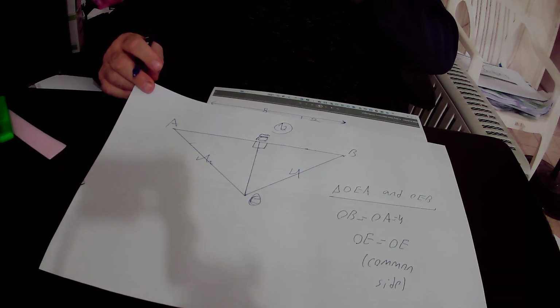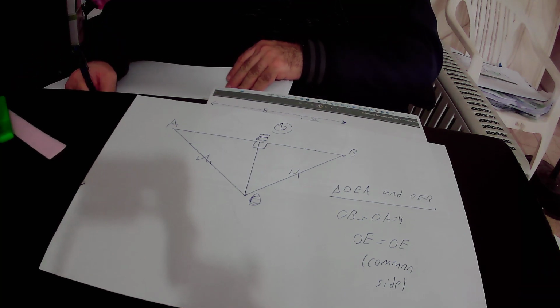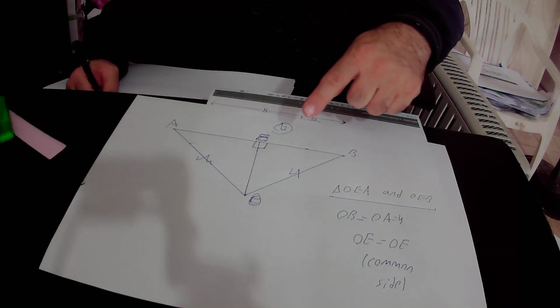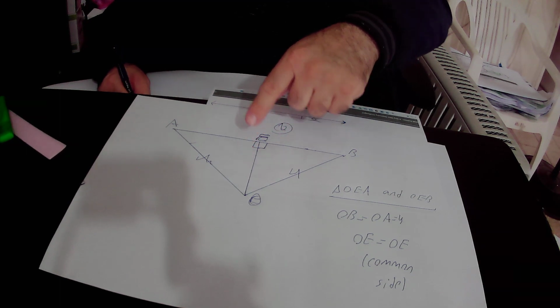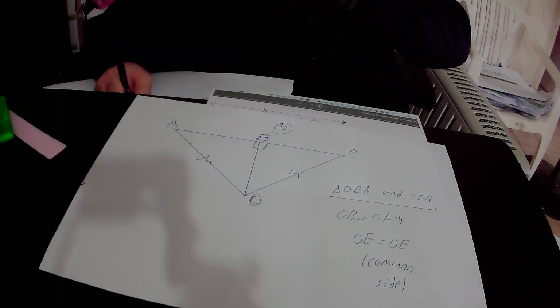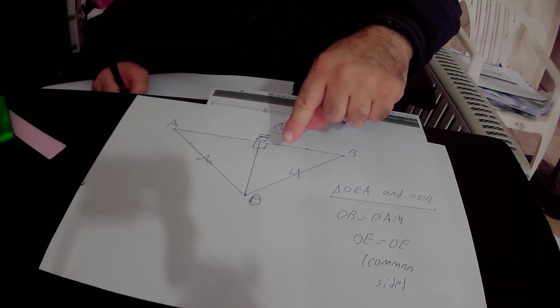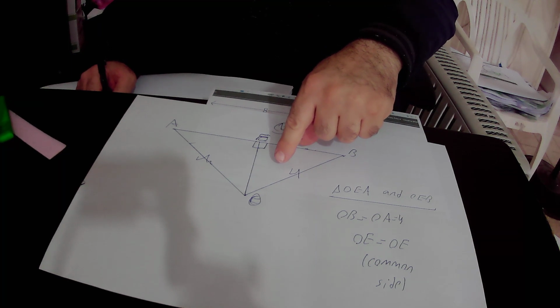So we actually proved that triangle AOE, this triangle, is congruent to triangle OEB, this triangle.